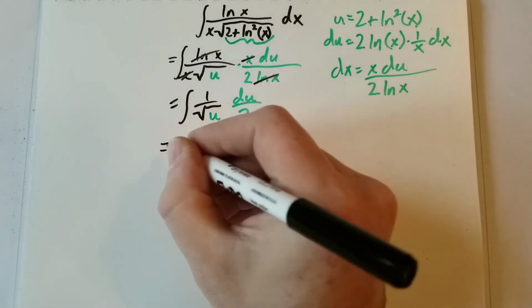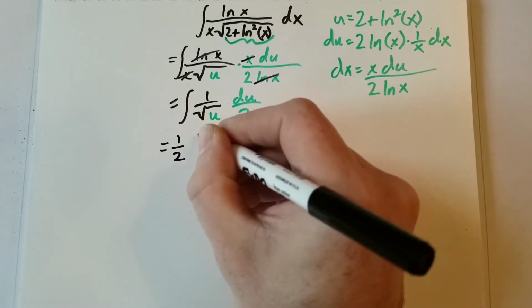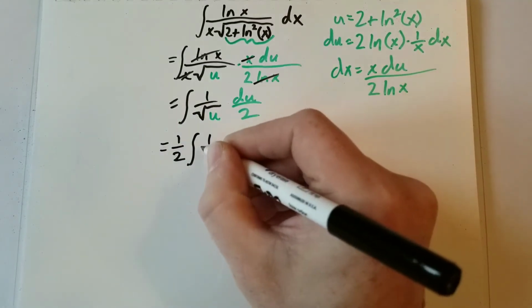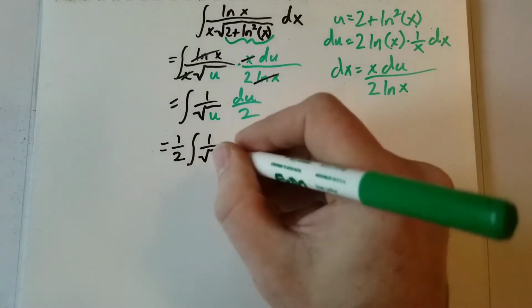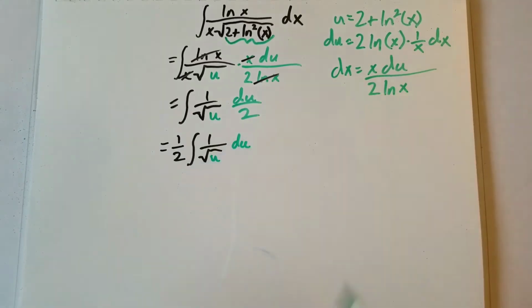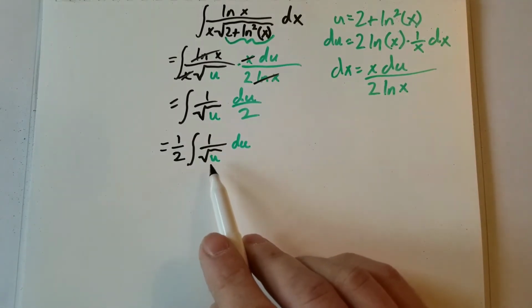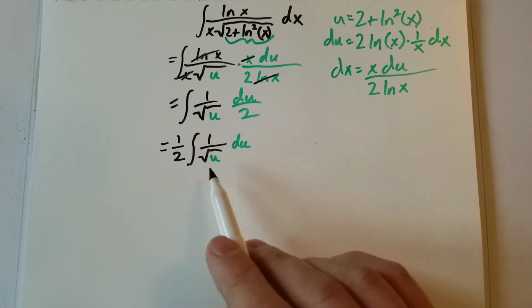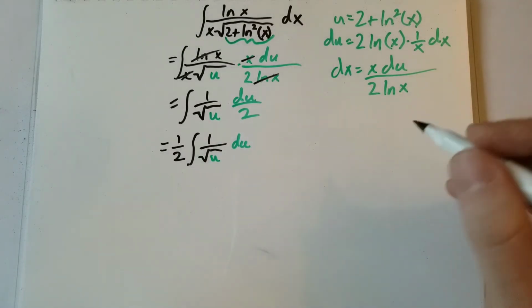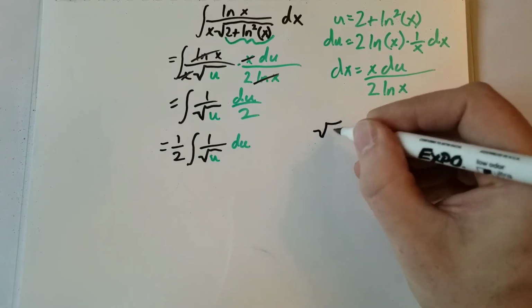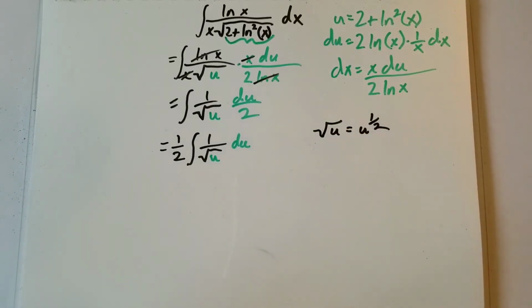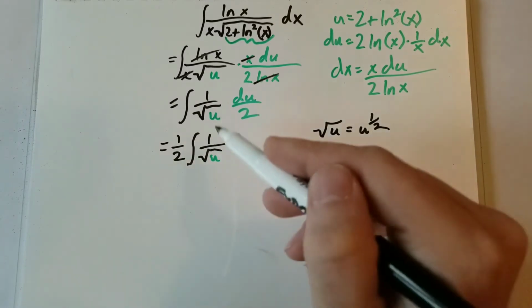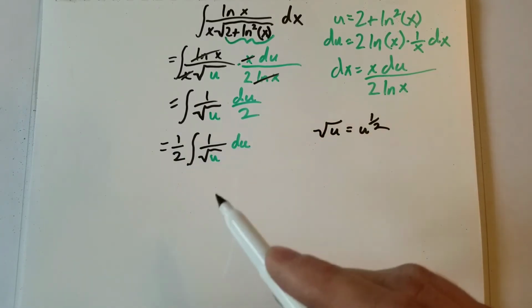So we have 1/2 times the integral of 1 over square root of u du. And at this point, we've got the square root of u in the denominator, and we want to get that to the numerator. Now the square root of u is the same as u to the 1/2. And now if we move this into the numerator, that becomes u to the negative 1/2.